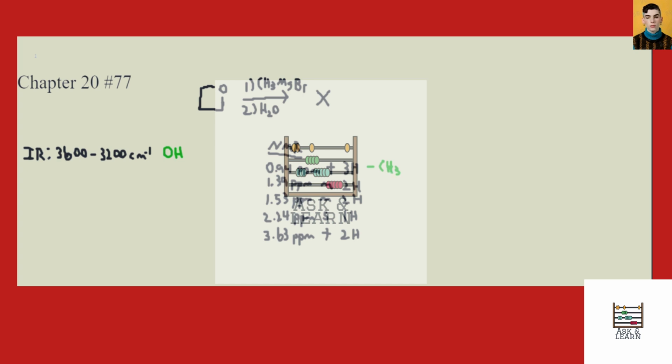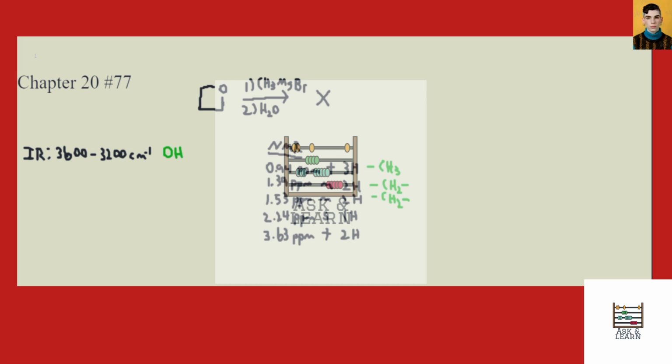Our next signal is a multiplet that integrates to 2. So this is a methylene. The next signal also integrates to 2. This is also probably a methylene group. We have a singlet that integrates to 1 at 2.24 ppm.